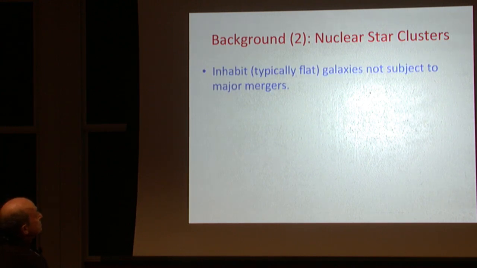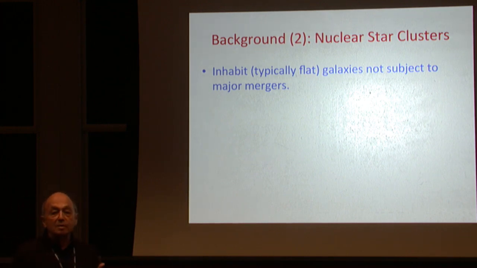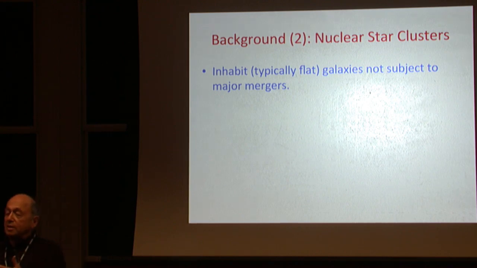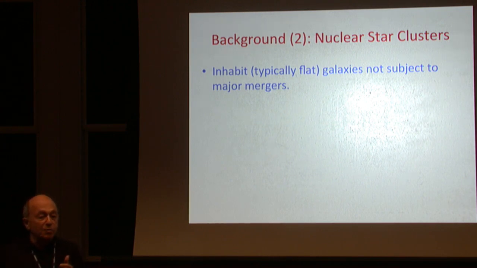Now, more background on nuclear star clusters. They typically inhabit flat galaxies. M87 doesn't have one. And that's interesting, because mergers, I believe, are extremely uncommon in the real universe.